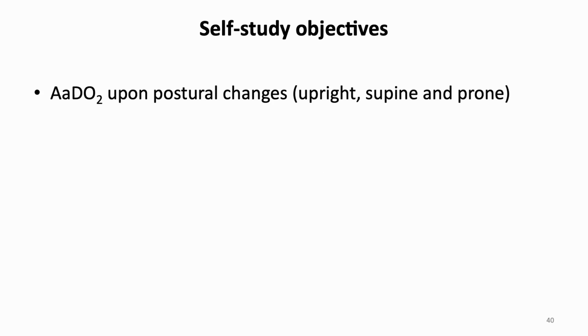So in terms of self-study objectives, I recommend that you study how the AaDO2 changes upon different changes in posture, because if you understand this, you also understand the differing effects of the gravitational vector on ventilation versus perfusion, and how that affects pulmonary gas exchange.